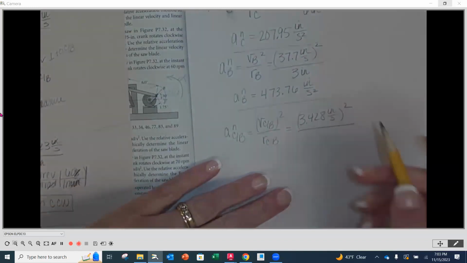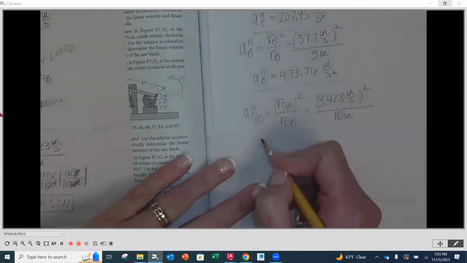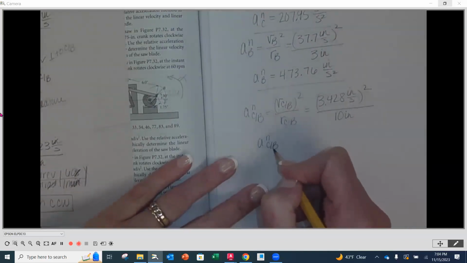That's going to be the length of link number 3. So our a normal C relative to B.